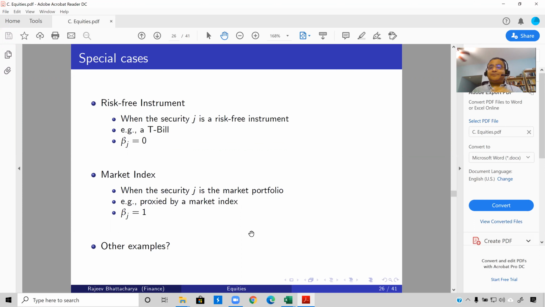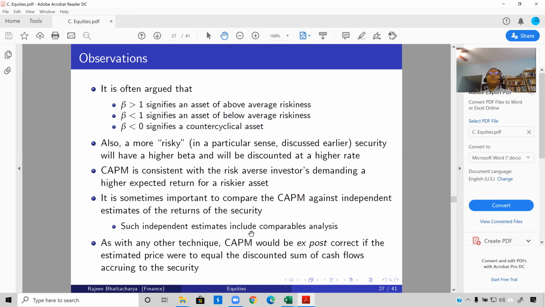When it is on the examples that we just saw, where Tesla and Apple have similar systematic risk, but quite different idiosyncratic risk.